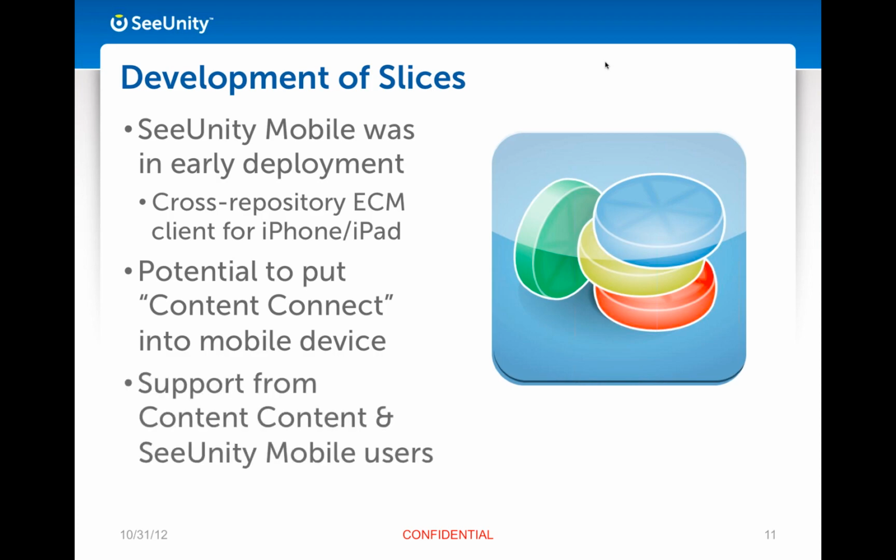And when we discussed this with users both of SeeUnity Mobile and Content Connect, we got a strong interest that that would actually be something that would be quite useful and something that's not already out there on the market.